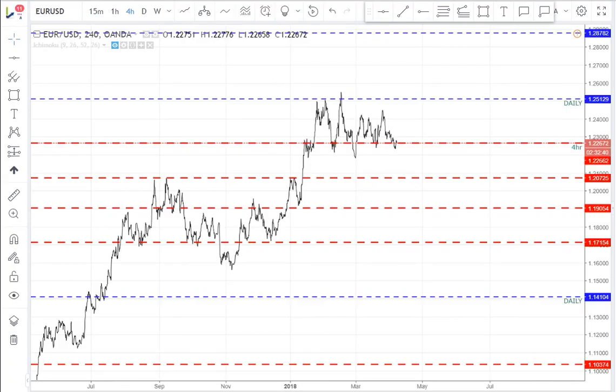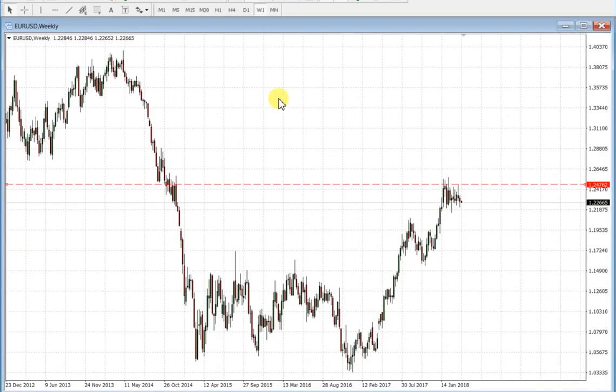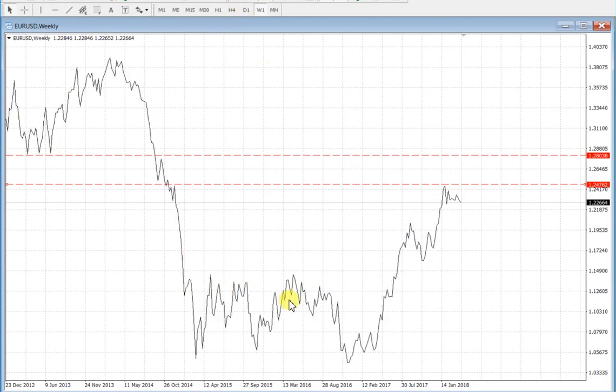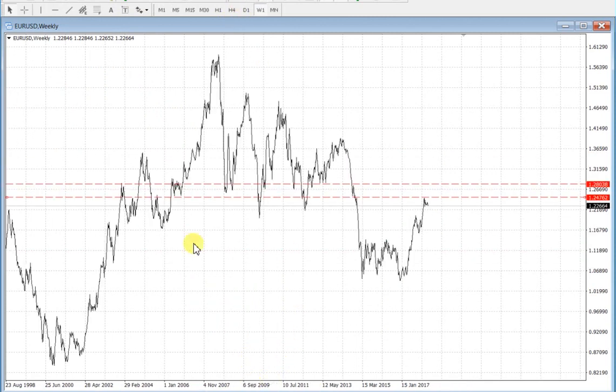Okay, so if we want to look at using MetaTrader to make support and resistance lines, pretty much the same thing. Draw the lines where you want them. Make the same adjustments. You can change different colors, all that kind of stuff. It doesn't really change a whole lot. Make them different thicknesses.